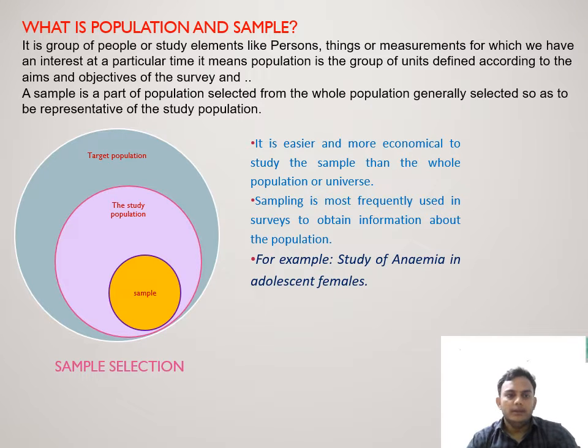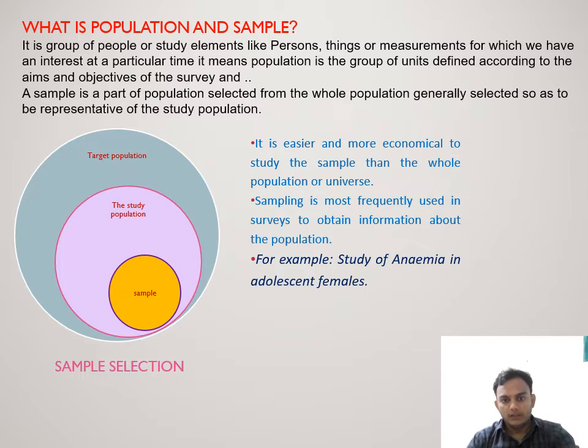For example, if we see this example, study of anemia in adolescent females. Here, adolescent females are our target population. If we see the diagram, the first circle is considered to be the targeted population, the second is the study population, and we choose a sample from this study population.